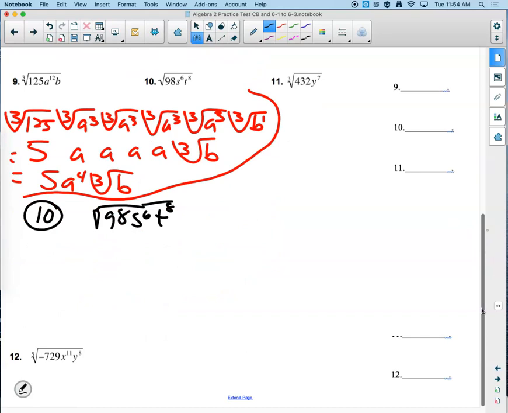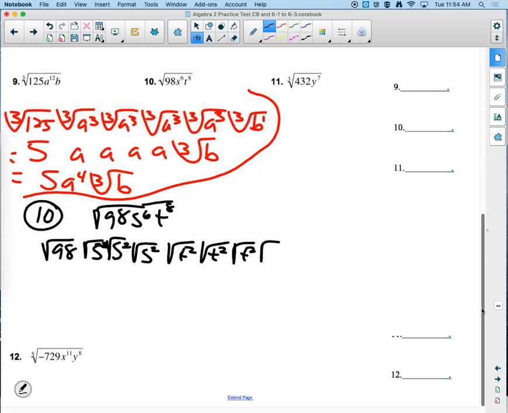Alrighty, so we've got square root of 98, square root of s squared three times, square root of t squared four times. 98, is that a perfect square? How about any nice perfect squares that go into it? How many times? Twice.